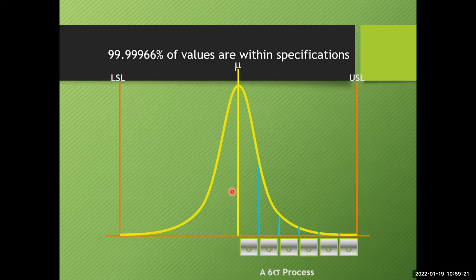See, the process mean and the nearest specification limit. We may be able to fit all these sigmas in between, or only 5 sigma level, or only 3 sigma level, or only 2 sigma level. How can we fit these? It depends on the value of sigma. If the value of sigma is higher, this distance increases, so fewer sigmas will fit between the nearest specification limit and the mean value.